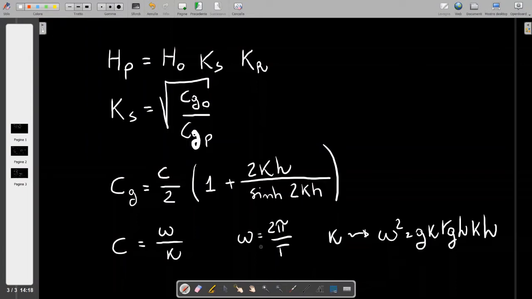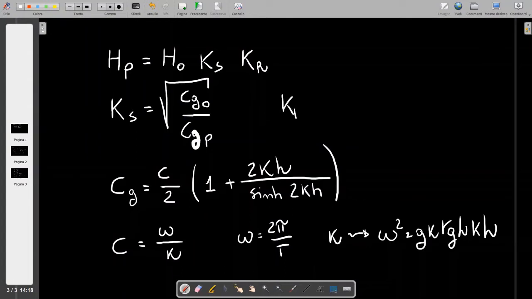Then we need to compute omega, to compute k, to compute c, to compute cg, and then to compute Ks.